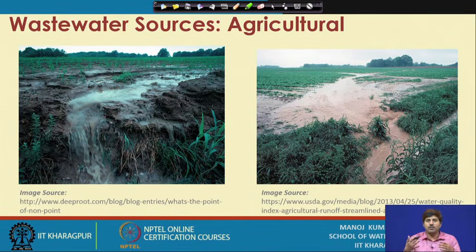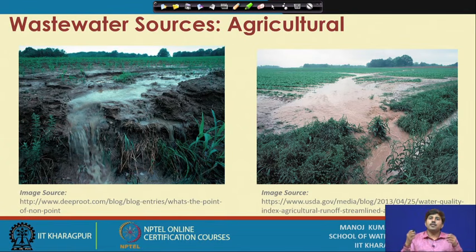Since it is flowing off the fields, it will bring a lot of sediments, a lot of soil particles along with it, as you can see in the picture over here. The dirty color or high degree of turbidity which can be seen is essentially because of the heavy sediment load.